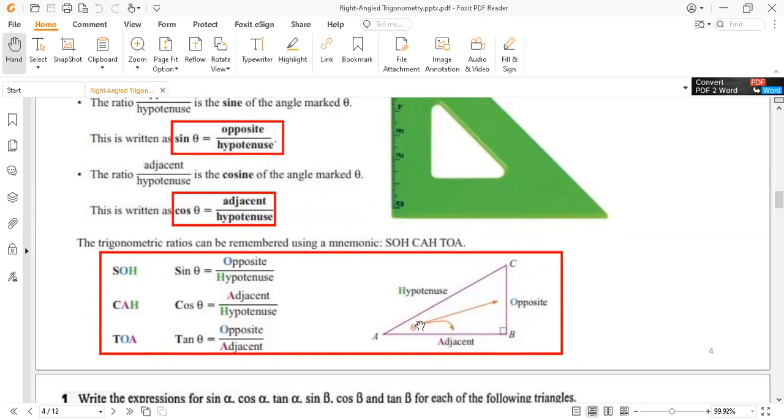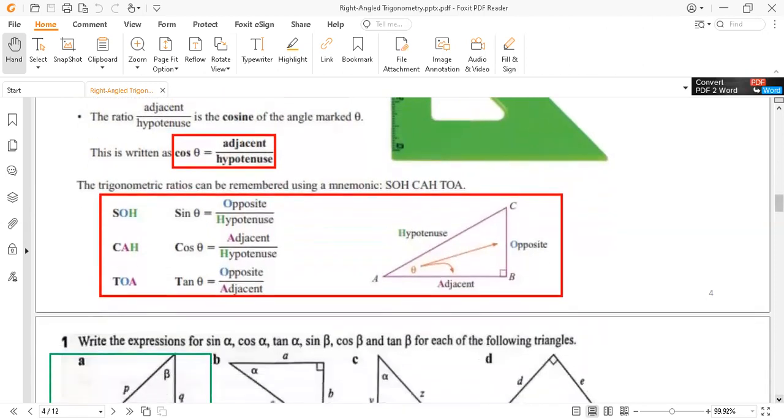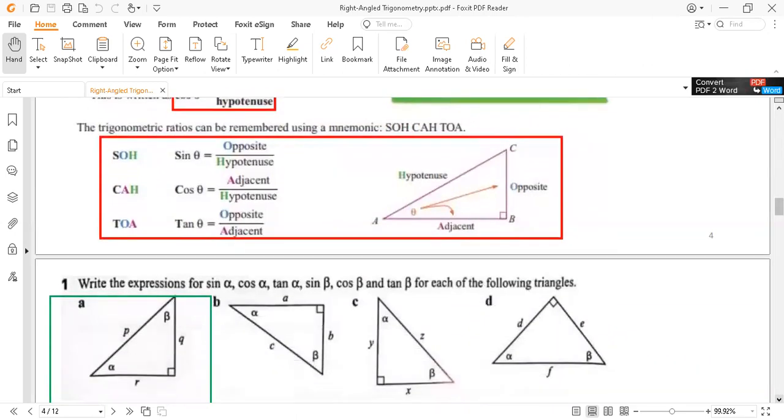With respect to this angle, the opposite is BC. The hypotenuse is always the side opposite to the 90, so it is AC. And the adjacent is the remaining side, right next to this angle, different from the hypotenuse.